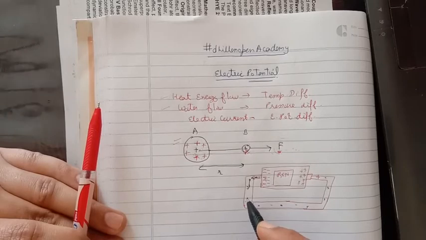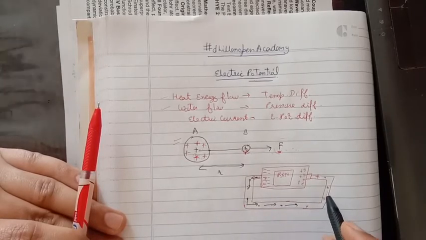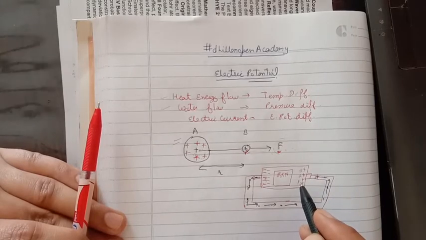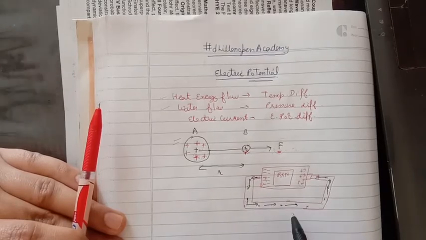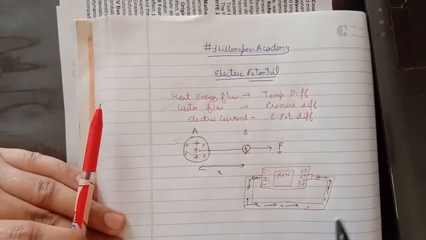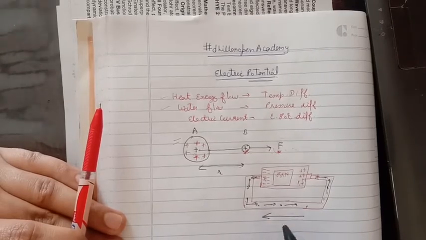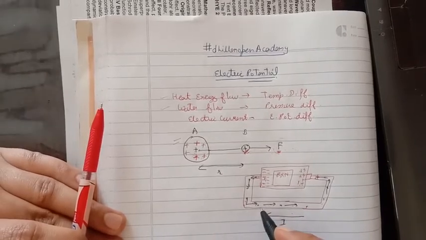They move through the wire and get accumulated at that end where there is a deficiency of negative charge, that is, at the positive terminal. Due to this unidirectional flow of free electrons, an electric current begins to flow inside the wire from the positive terminal to the negative terminal.